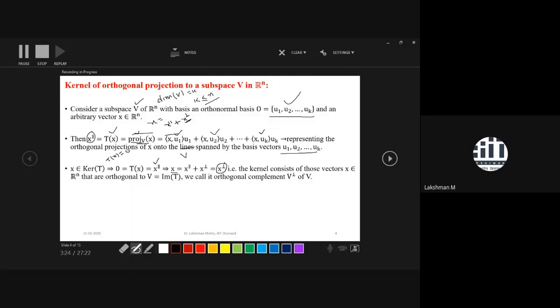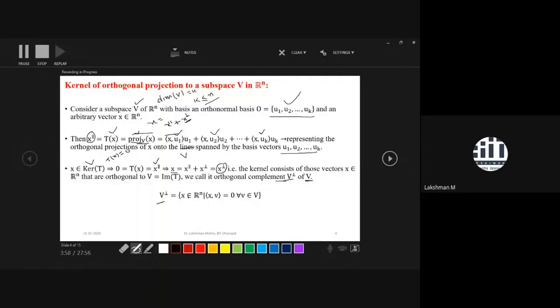It simply says that every element from the kernel of T is perpendicular to the vectors in the vector space V. So the kernel defines the orthogonal complement of the given vector subspace V. I had already defined this: V perp, we say, is the orthogonal complement of V.